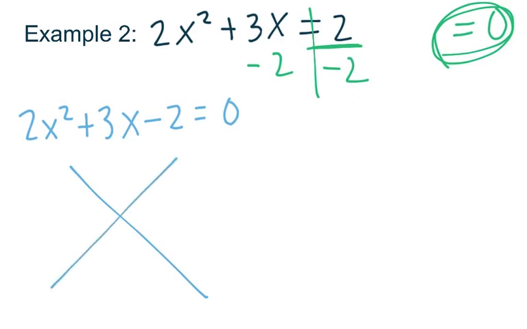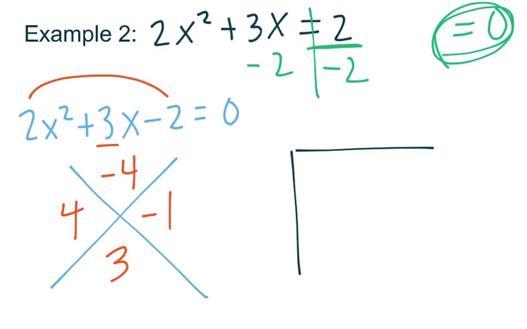So diamond, we want to take 2 times negative 2. We get negative 4. And on the bottom here, we get 3. We want two numbers that multiply to negative 4 and add to 3. And so we get 4 and negative 1. From here, we're ready to go to the box method.